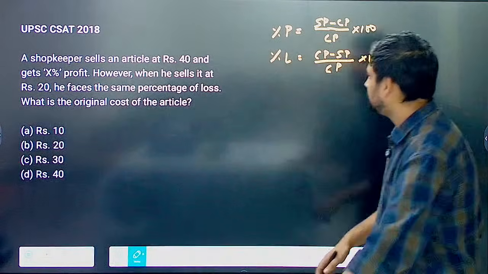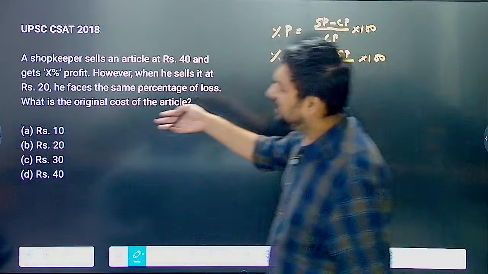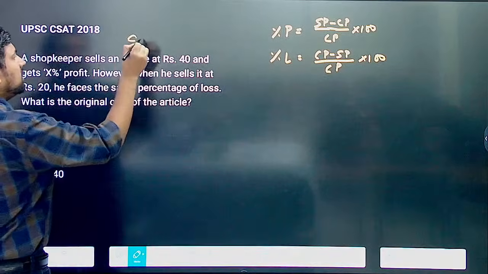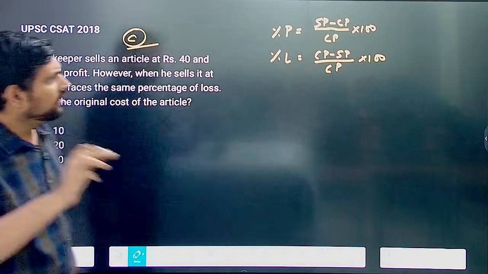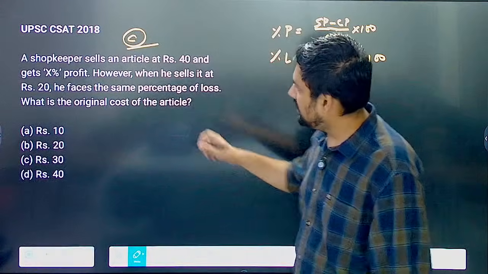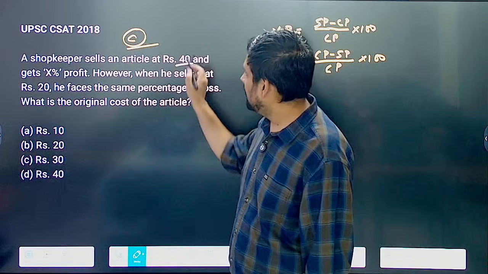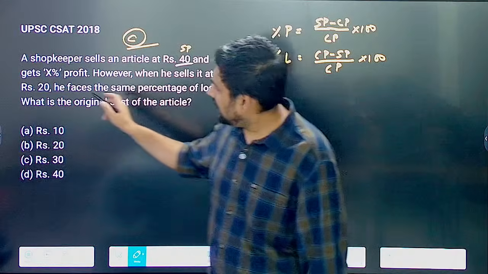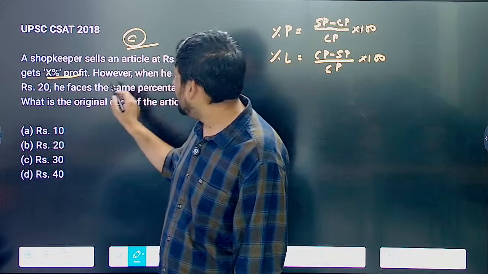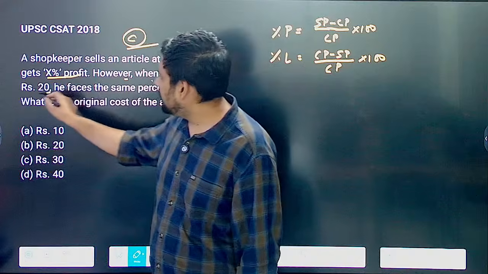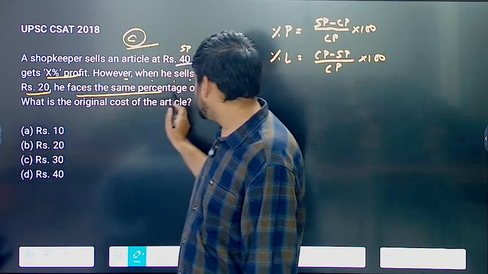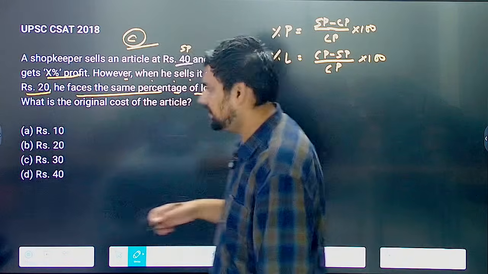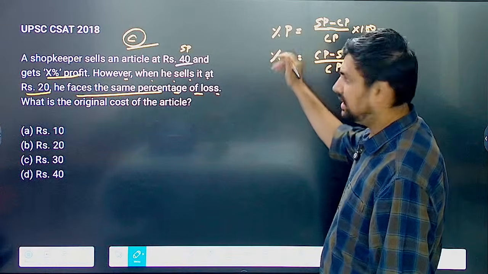Okay, now what you have to do? Very simply, I don't know the cost price, so I assume that the cost price is, let's say, C. Now first, profit percent is what it says. A shopkeeper sells an article for 40 rupees, so this is the selling price, and X% profit. However, when he sells it at 20 rupees, he faces the same percentage of loss. Now that means profit percent will be equal to what?